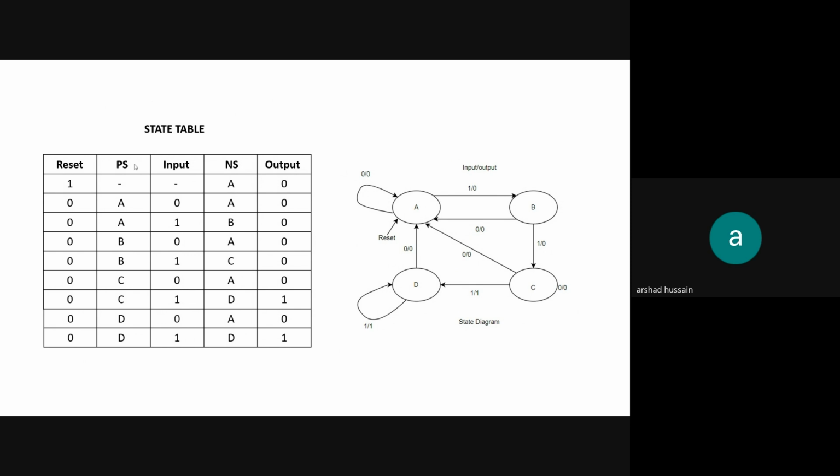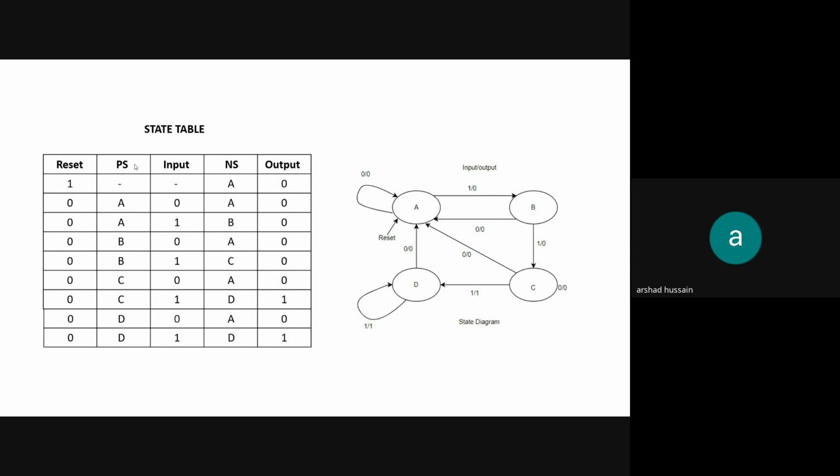So the idea is that if my reset is high, as we can see in the first row, first column, irrespective of the present state and the applied input, the next state will be A only, and the output will be 0.